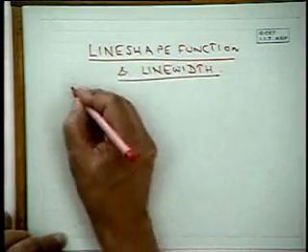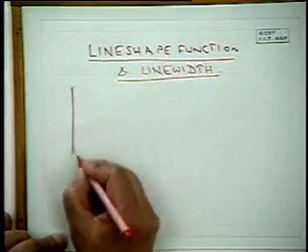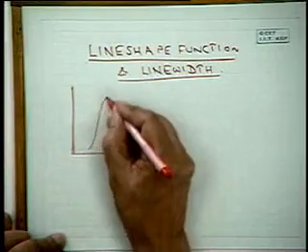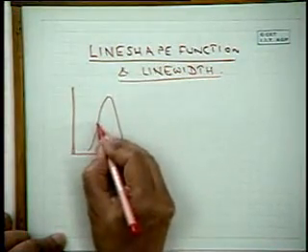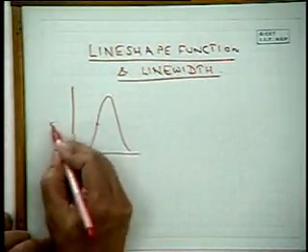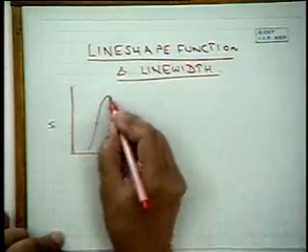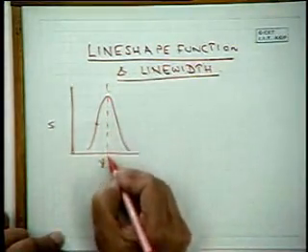If we plot the intensity versus nu, this is nu 0 and this is delta nu.